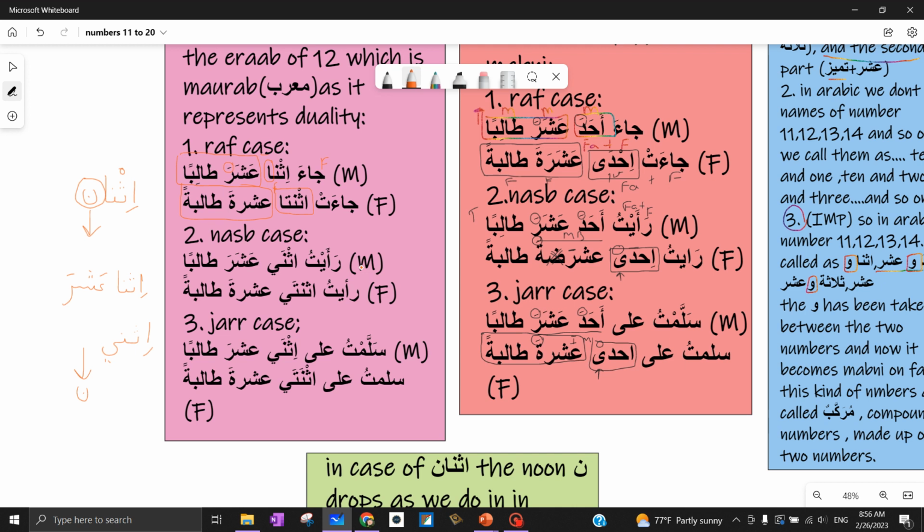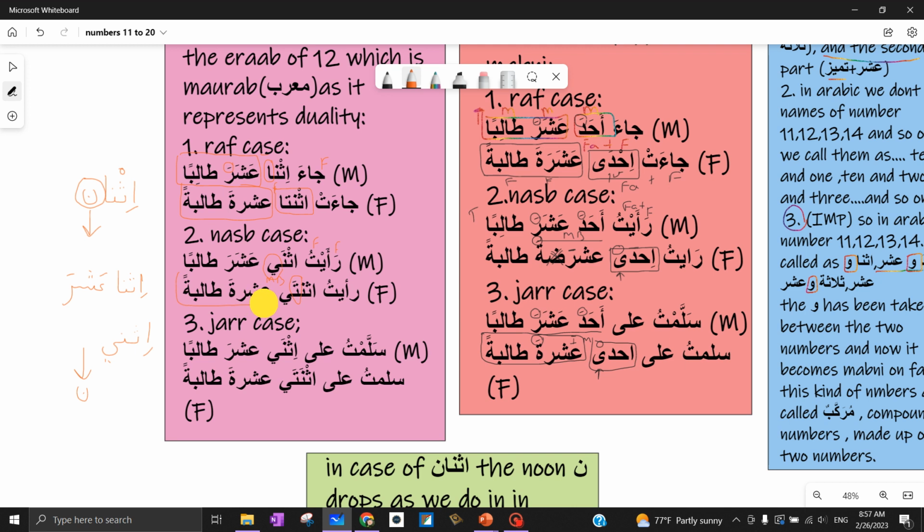In case of mansub, ra'aytu ithnay ashara talibann. This is our maf'ulun bihi. It is in mansub case. That's why it is represented with ya. In case of feminine, ra'aytu ithnatai. This ta is ta ta'nith, showing the femininity. Ithnatai asharata.